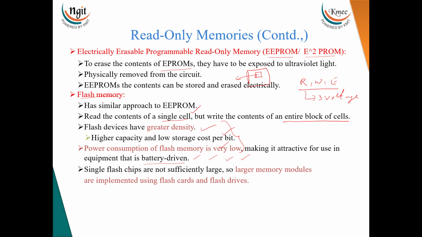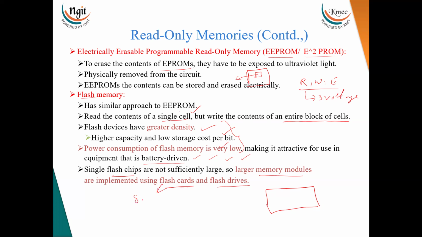Now, for a single chip of flash memory, the memory is not sufficient. That's why we need large memory modules, which are implemented using flash cards and flash drives. A flash card is nothing but mounting so many flash chips on a single card, thereby increasing the capacity of flash memories.